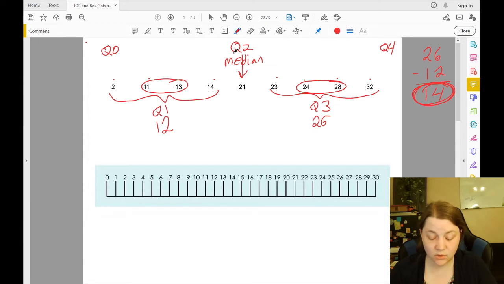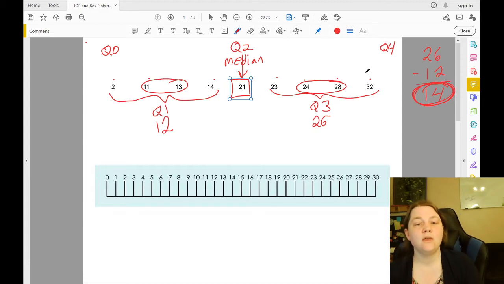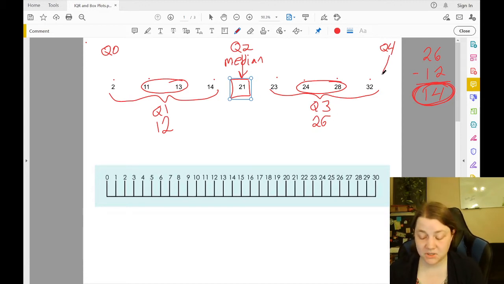So in the previous video, we have already found the quartiles. We found quartile 2, the median. We found quartile 1. We found quartile 3. We found quartile 4, which is just the end number, and quartile 0, which is just the other end number. A box and whisker plot is going to have us making lines for each of these 5 quartiles.